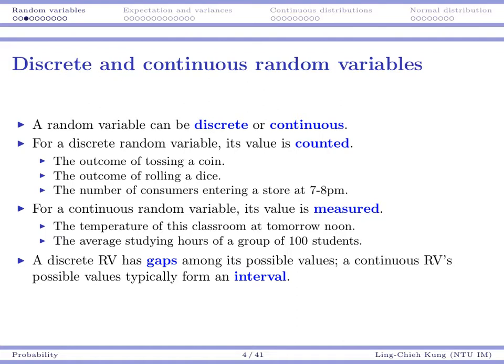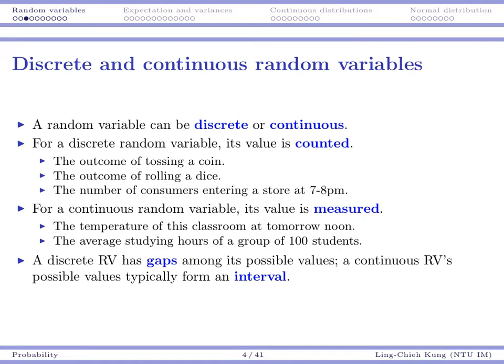Like the temperature of tomorrow noon, that's something to be measured. Or as another example, suppose I have a group of 100 students and I measure their average studying hours. That means I cannot count their hours. I can only measure their average hours.